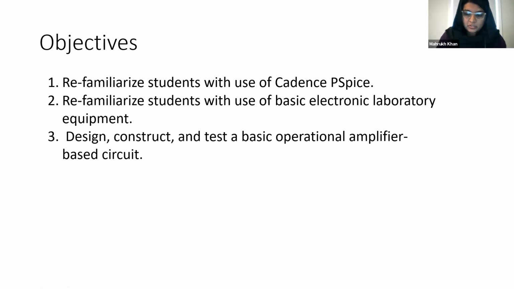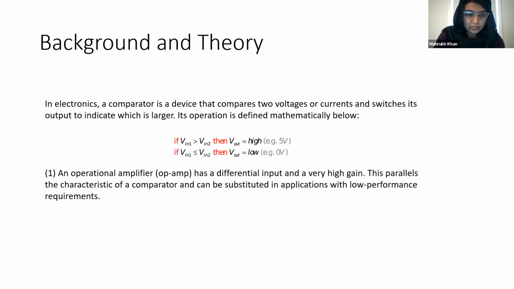Okay, so let's see. In this lab, this experiment is actually about a comparator we are making. We are saying if Vin1 voltage is greater than Vin2, then your output voltage will be high.